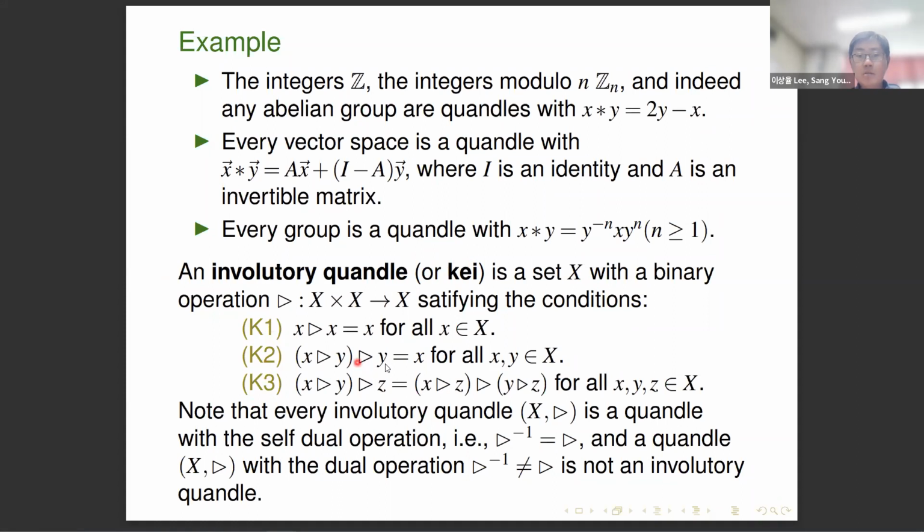The second condition is different from the ordinary quandle. Note that every involutory quandle is a quandle with a self-dual operation. And this operation is not an involutory quandle.